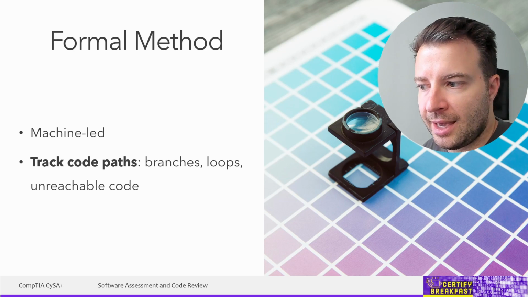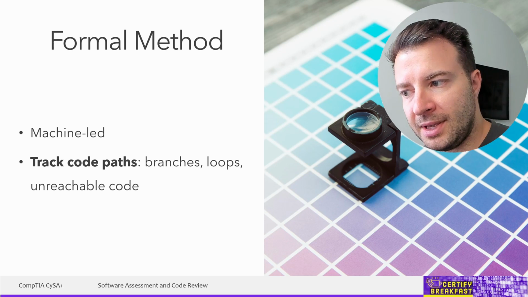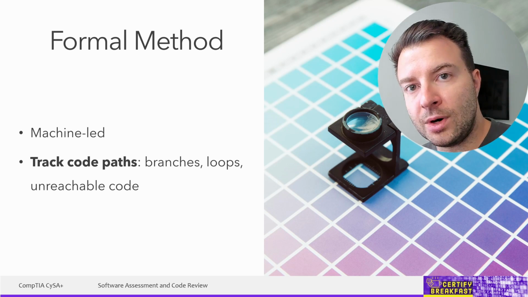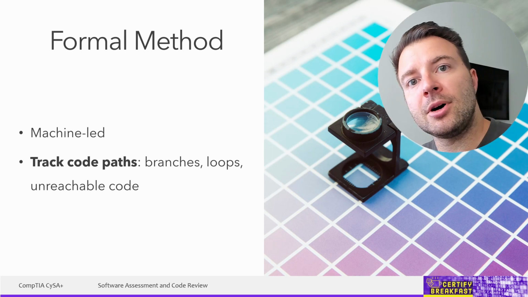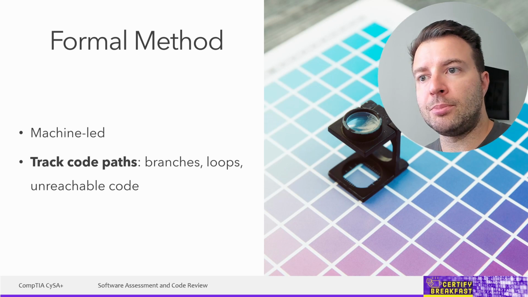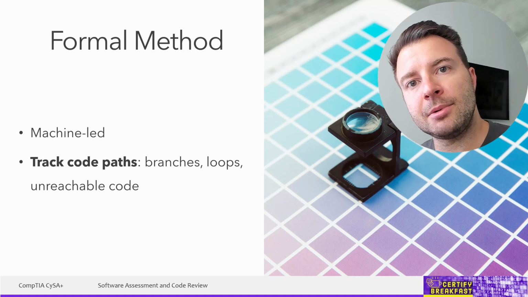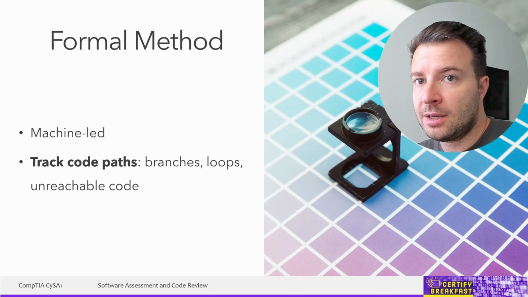So you're basically going to have a very well-defined formal model of the application for that tool to be able to understand what should be the possible code paths, what branches are supposed to be taken, which end states the application is supposed to end up in, and stuff like that.